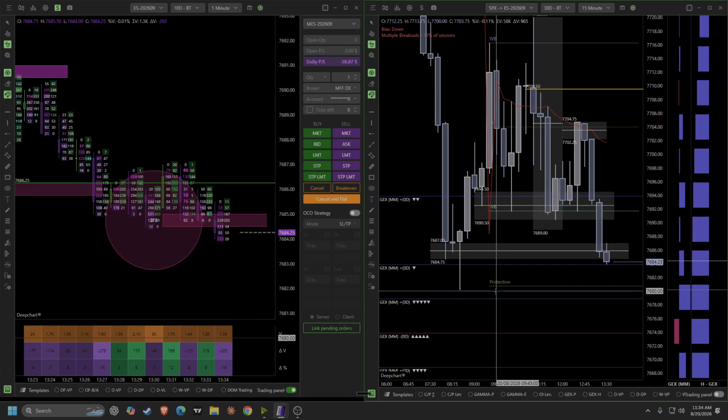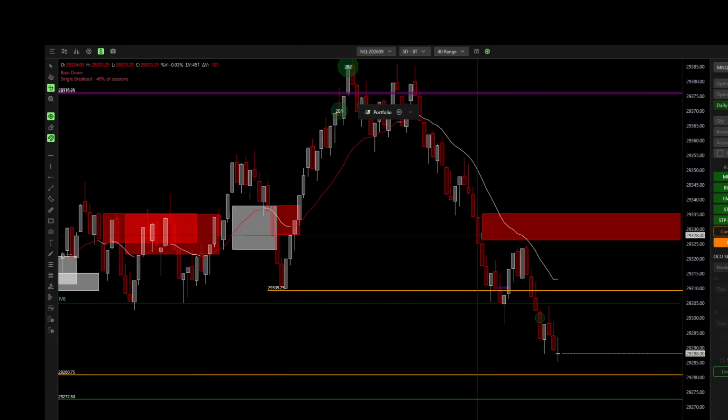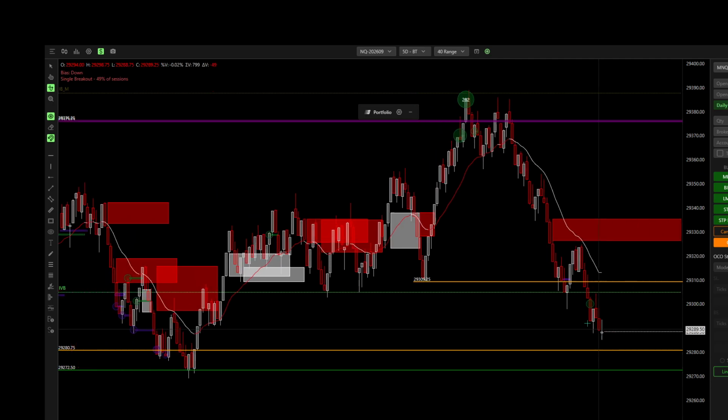Okay, so we're approaching that small market maker positive GEX level. NASDAQ is extending lower.